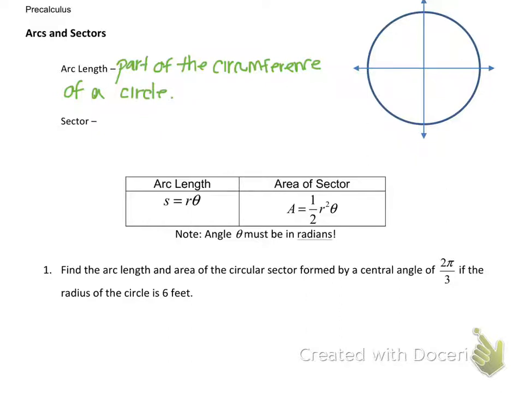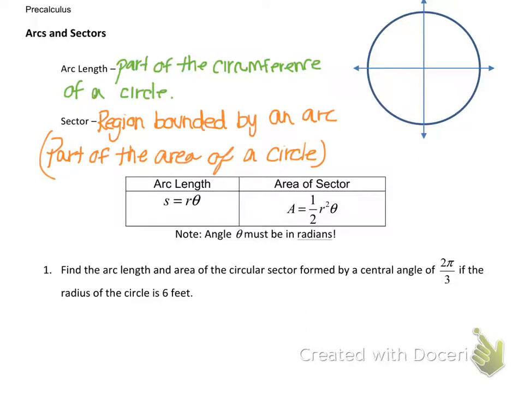And so now we're going to define sector. So sector is a region bounded by that arc, so it's going to be a region, meaning area, but only part of the area of the circle.